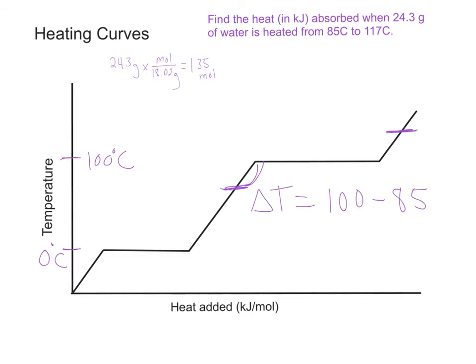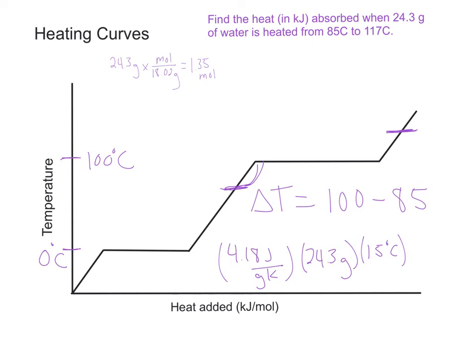So the specific heat of liquid water is 4.18 joules per gram Kelvin, right? And the mass is 24.3 grams, and our delta T is 15 degrees Celsius, okay?